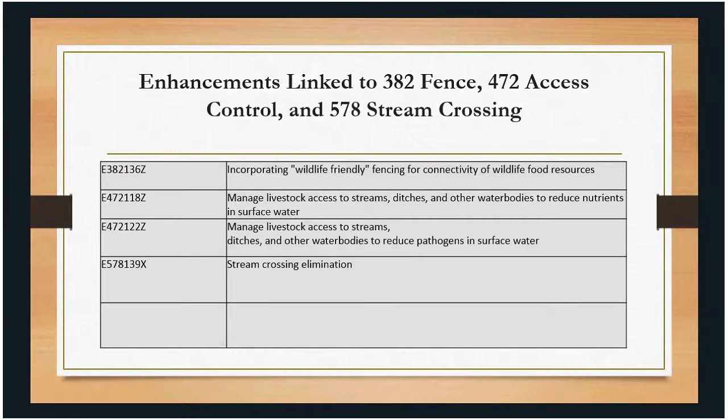So there's only 4 enhancements attached to these 3 practices. 1 for fence, 2 for access control, and 1 for stream crossings.